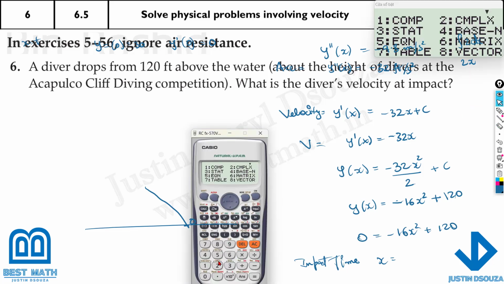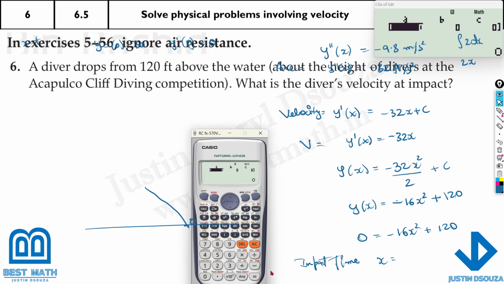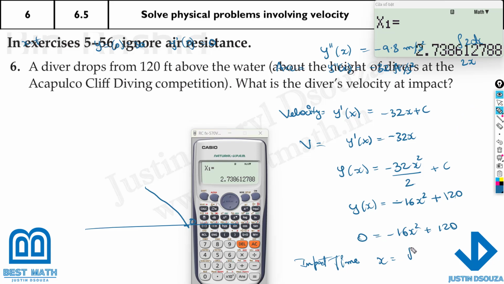Here we will do mode 5, then 3. The coefficient of x squared is minus 16, 0, and lastly we have 120. So the answer is square root 30 by 2, that is 2.73. Let me write it. Square root 30 divided by 2. And the other one will be negative, so we ignore that.